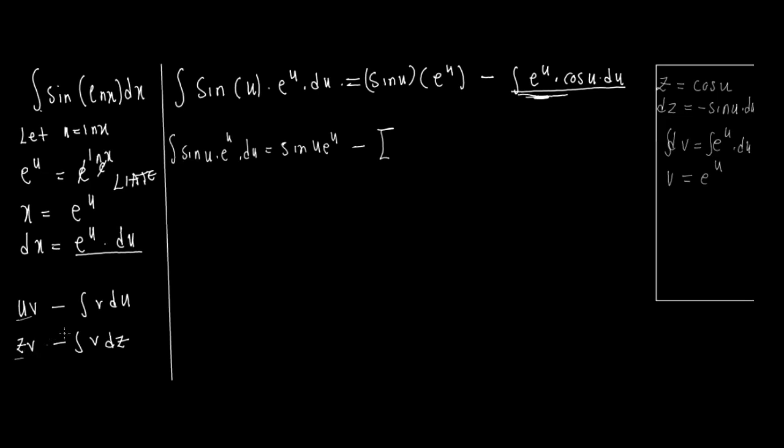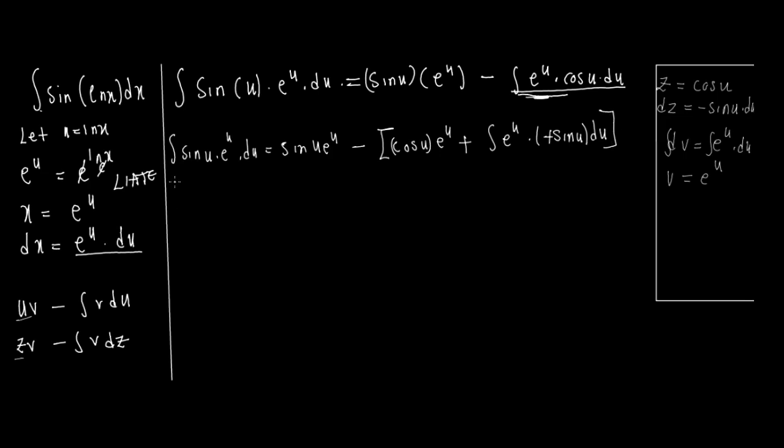So z is equal to the cosine of u and v is equal to e to the u, minus the integral of v dz. v is equal to e to the u times, and dz is equal to minus sine of u du. So this minus and this one will make everything become positive.